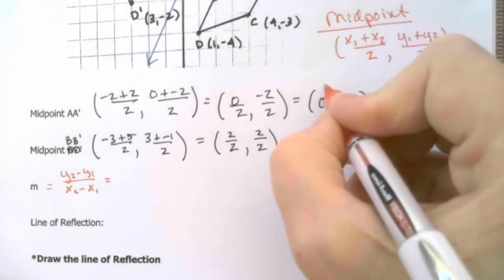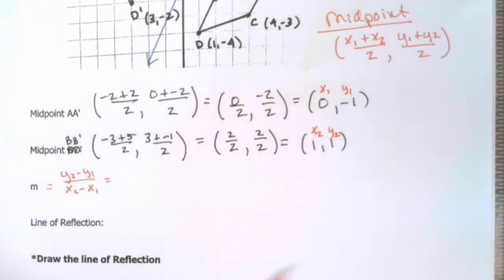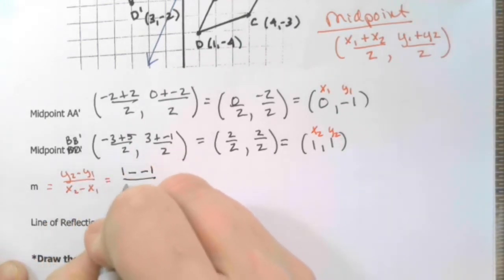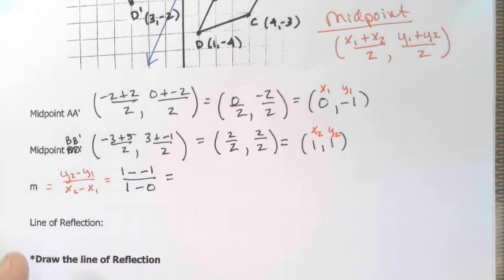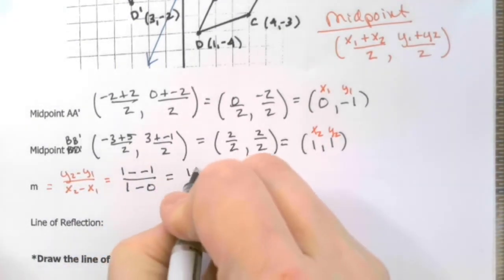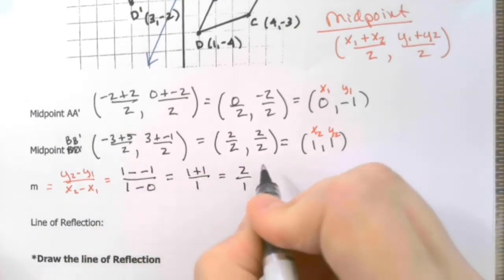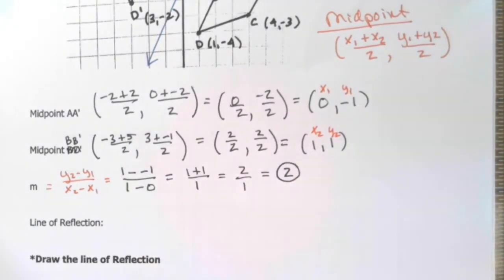And I'm going to designate these points x1, y1, x2, y2. Put them in the slope formula. So 1 minus a negative 1 over 1 minus 0. A negative times a negative is a positive, so 1 plus 1. 1 minus 0 is 1. We get 2 over 1, which is a 2. That is the slope of our line.